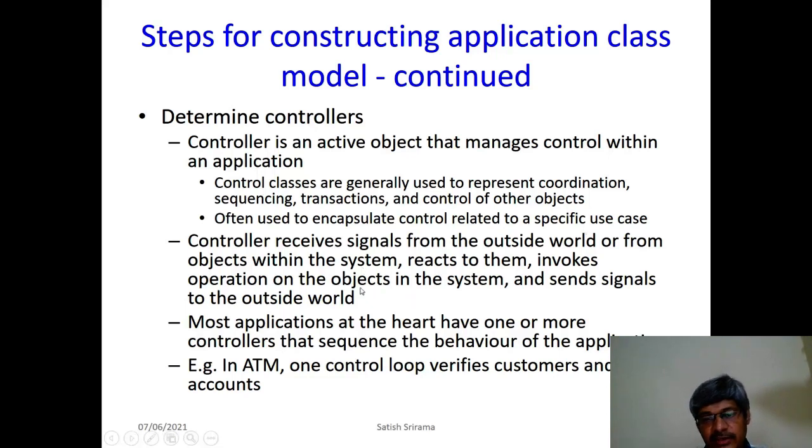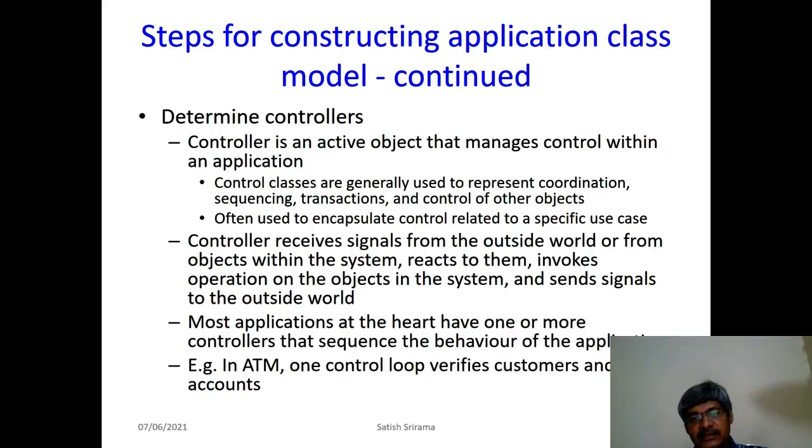The controller receives the signal from the outside world, or from the objects within the system. Once it has this signal, it reacts to that, and then invokes certain operations on the objects within the system and the systems to the outside world.